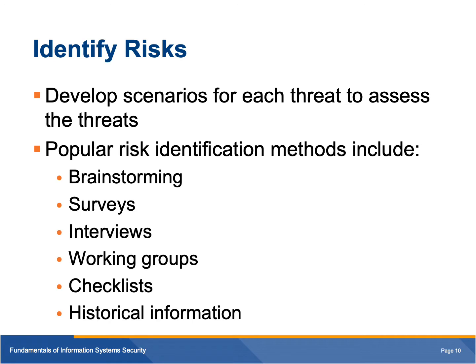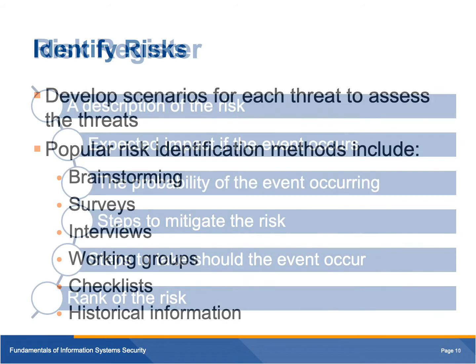So something could have no historical data, but that doesn't mean that it won't happen or that it couldn't happen. So really, creating scenarios with strategies like brainstorming and looking at what's going on all over the world in our type of business might be a good way to help us identify and develop potential scenarios.